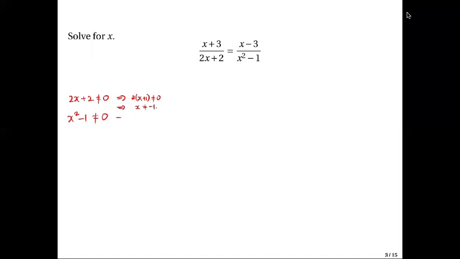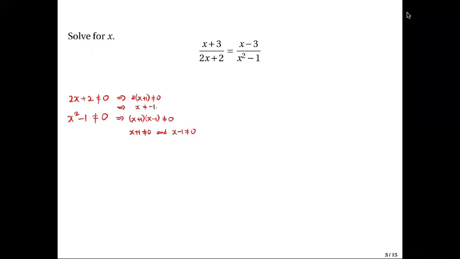For the second expression, we cannot have x plus 1 times x minus 1 equal to 0, which means we cannot have x plus 1 to be 0 and x minus 1 to be 0.